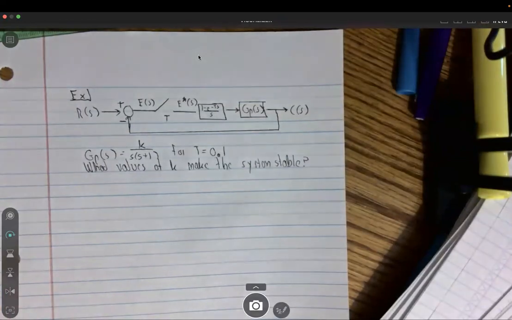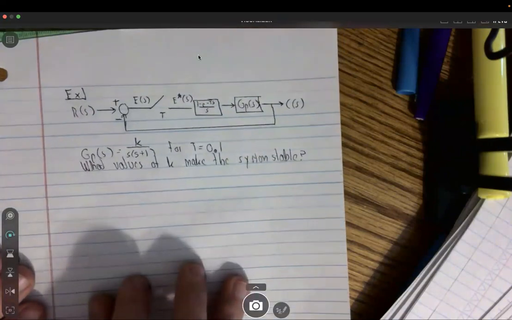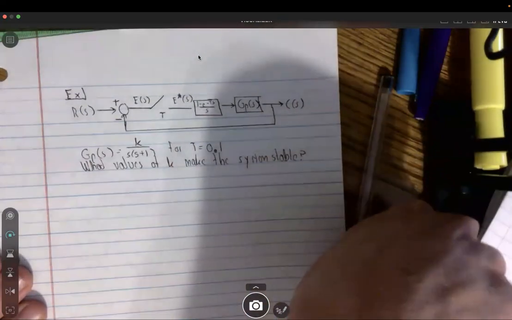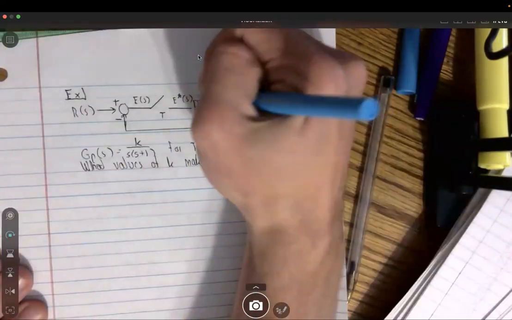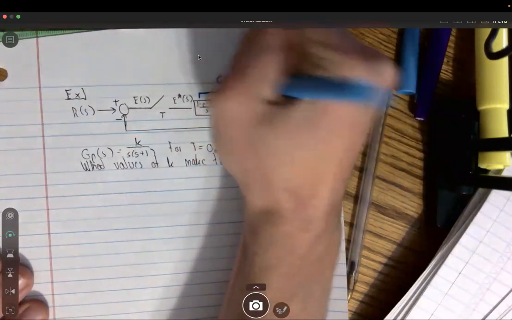So first, we need to find the closed loop transfer function, as you should, because you're always looking for your characteristic equation, which is the denominator of your closed loop transfer function. So first we need to find G of z, and then it's a unity feedback system, so it's just G of z all over 1 plus G of z. Here we have our G of s right now.